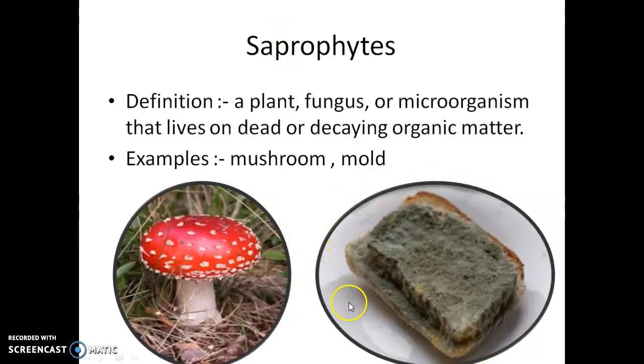Likewise you will see green or black patches on it. This is called mold, or we can also say fungus. So let's just complete our rest of the topic. So our Part 3 will also be completed with the lesson as well.